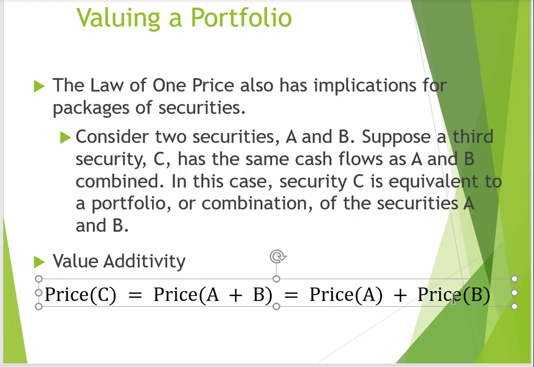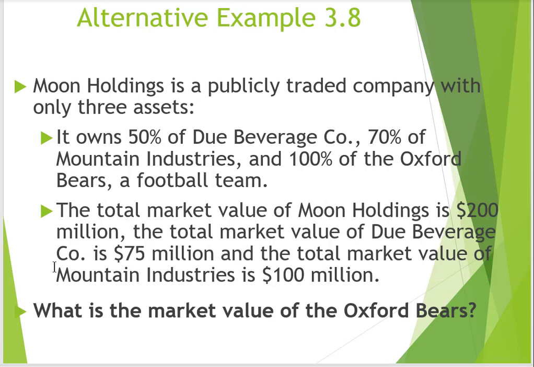Let's add an additional asset. If we add asset D, that will increase the price C because it is another added part. So here's how we might use this in a practical application.